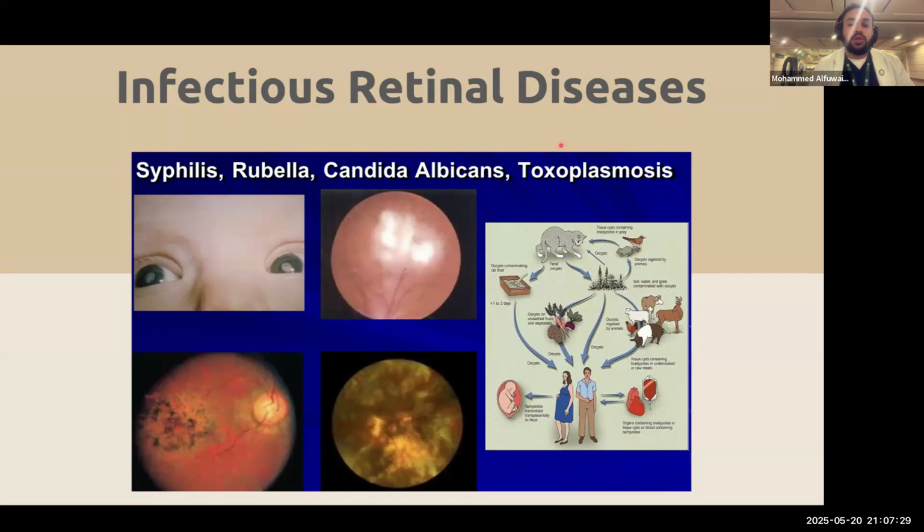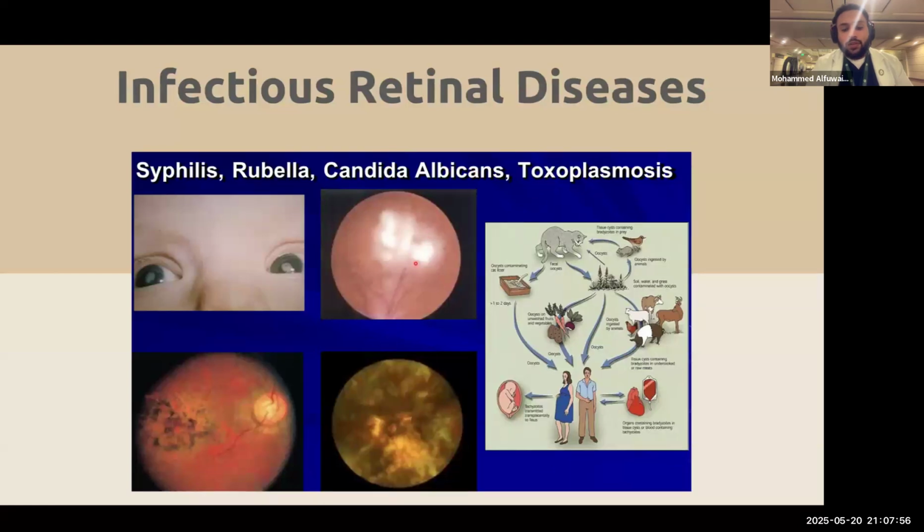These are what we call TORCH infections, and you learn this more, inshallah, in repro, in 4th year. But basically, these infections are carried through during delivery or during pregnancy, okay? Because of risk factors. Now, you need to know what these different organisms cause in terms of eye infections.